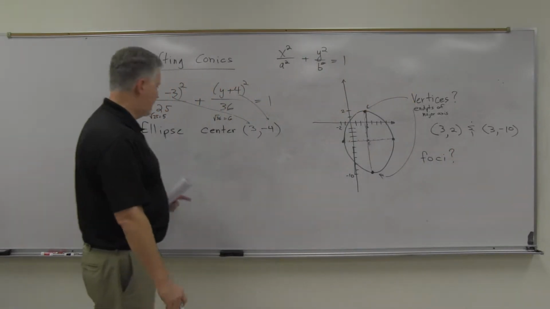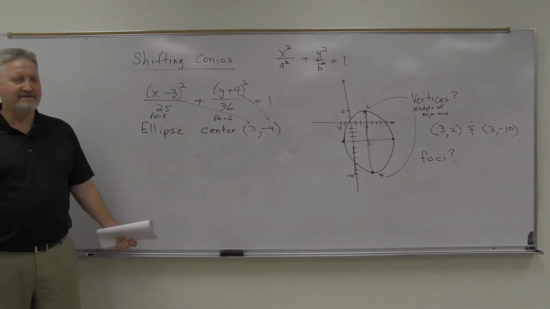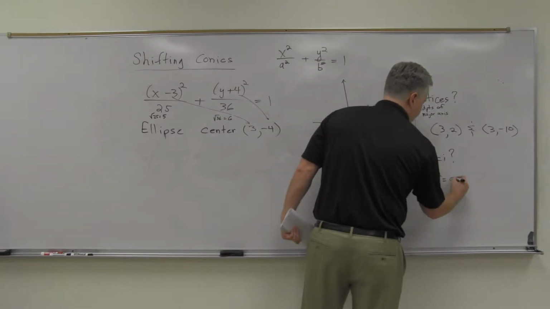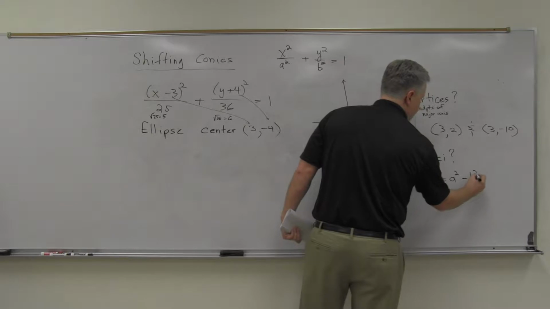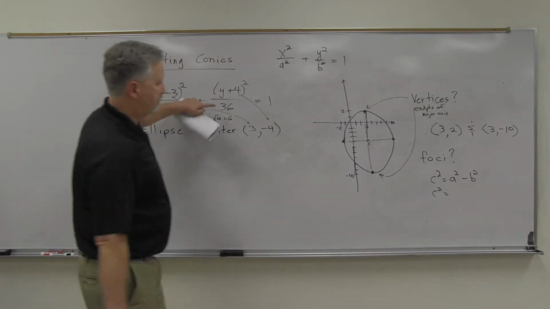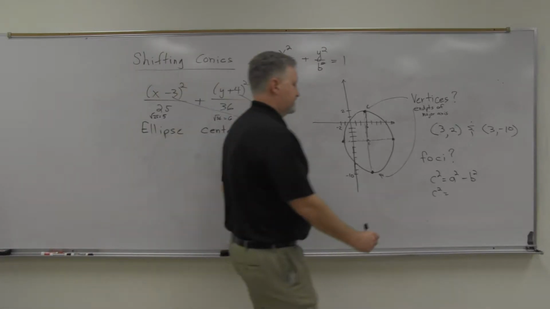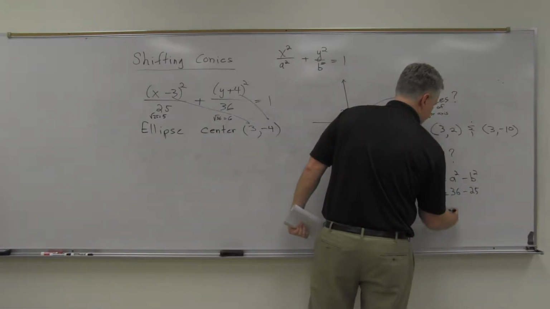And that's where I erased it, but use that formula: c squared equals a squared minus b squared. The only catch is the a squared needs to be the bigger one, of course. So this would be the a squared, this would be the b squared, 36 minus 25. So that would be c squared equals 11.